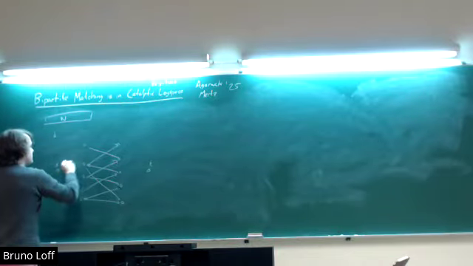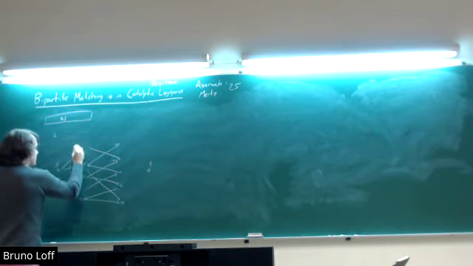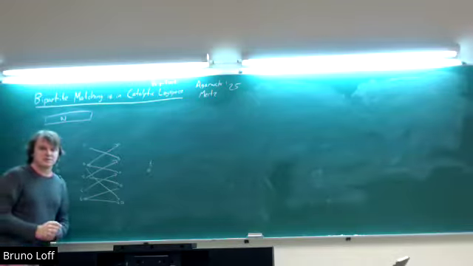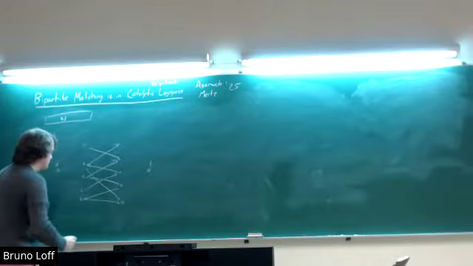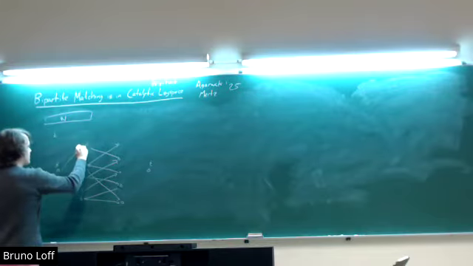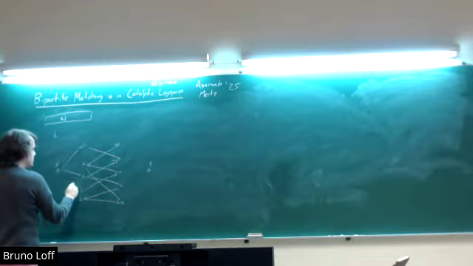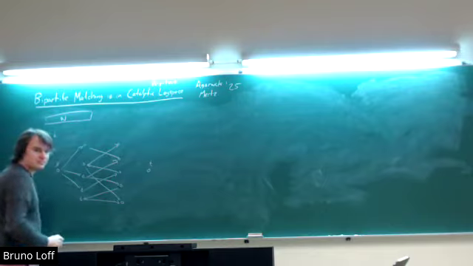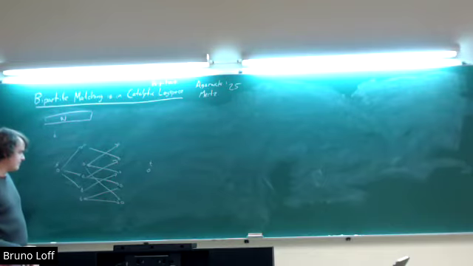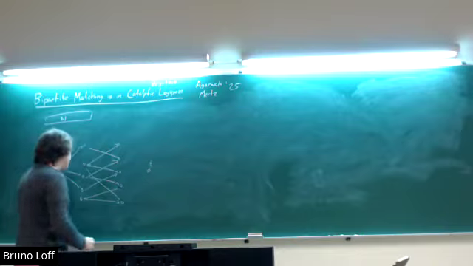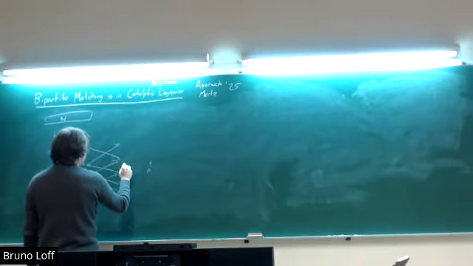The easiest way to do this is to simply put a new vertex S and T. I'm going to put forward edges in the following way. S is going to go forward to exactly the vertices which are not matched. And similarly for T.